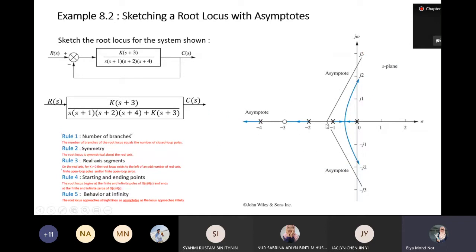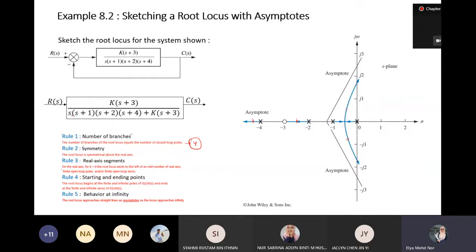How many branches are there? 1, 2, 3, and 4. There are 4 branches, which represent the number of closed loop poles here.